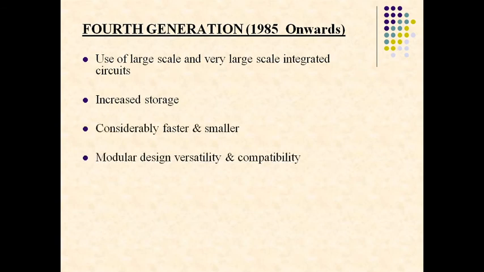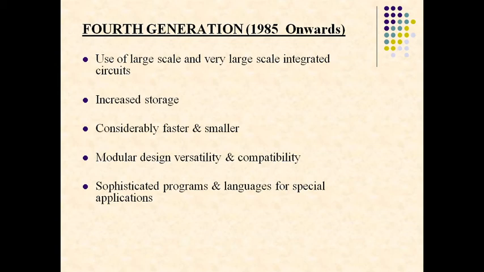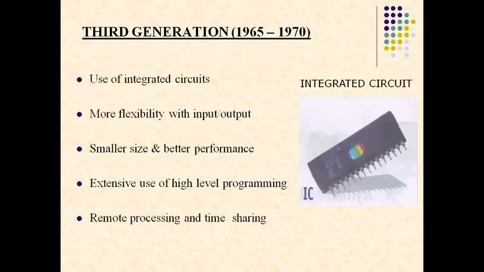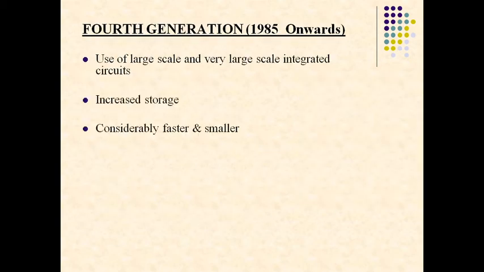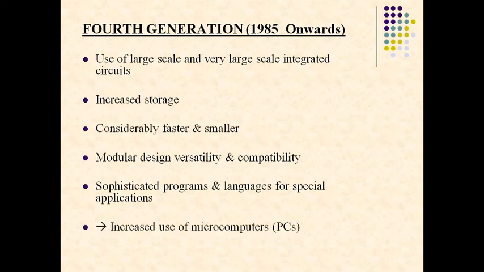Next is the fourth generation computer. What is the fourth generation? It is from 1985 onwards. Here in fourth generation computers they used large scale and very large scale integrated circuits.